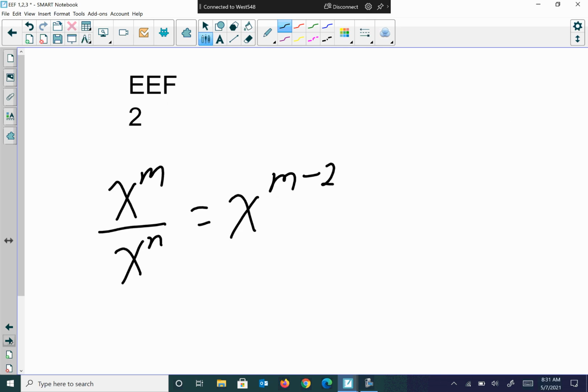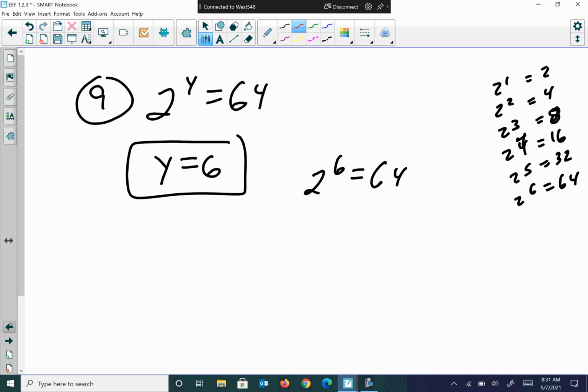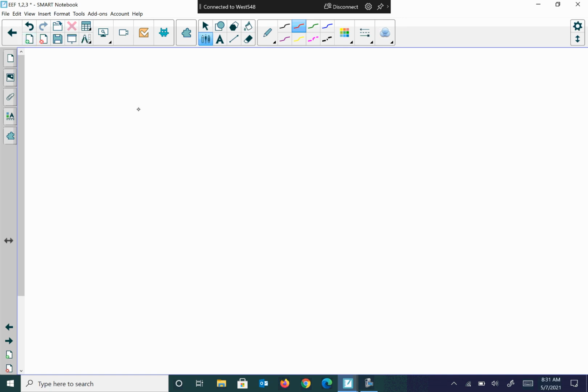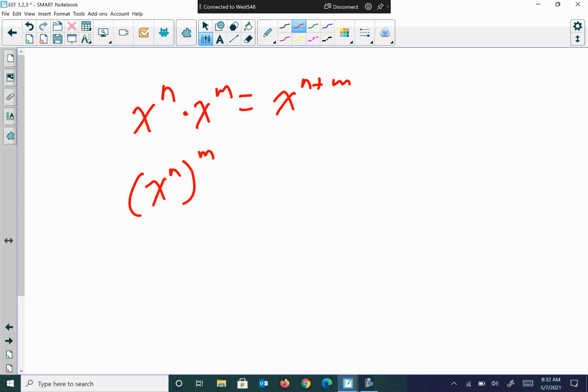All right, so yesterday, just on some basic review, we did x raised to the n times x raised to the m. So like bases, we add the exponents. We also talked about the power to a power, where we multiply them.